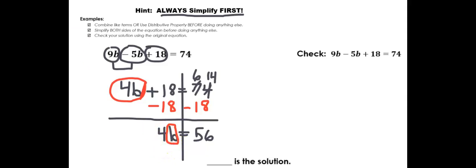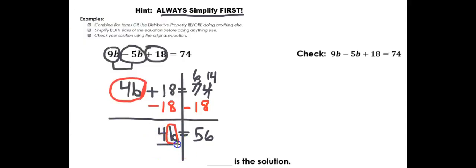And I need to isolate b now. So to isolate b, I have 4 times b. I'm going to do the inverse operation. I'm going to divide by 4 on this side, so these cancel, and I get 1b, which is just b. And on this side, I'm also going to divide by 4. Use that fraction bar, don't use this symbol. Don't like that in the algebra world. Use that fraction bar, and I get 14.